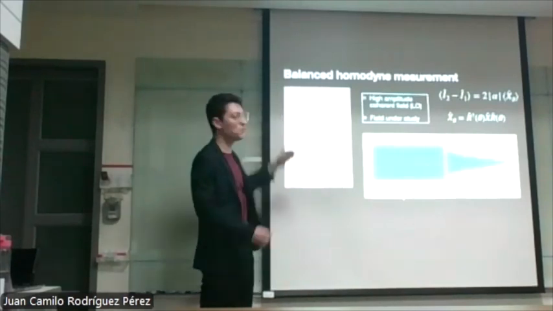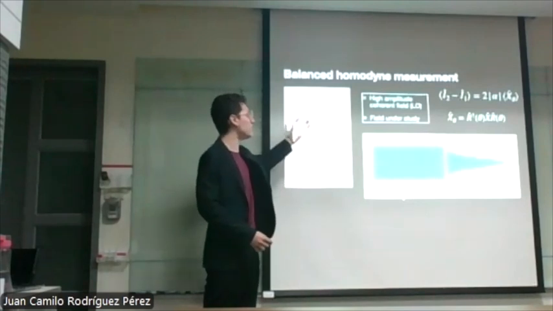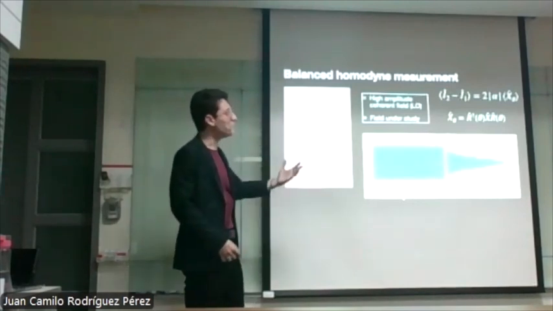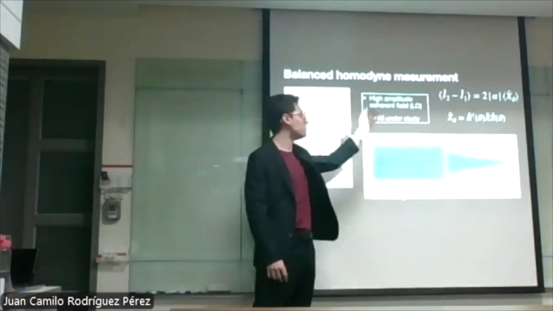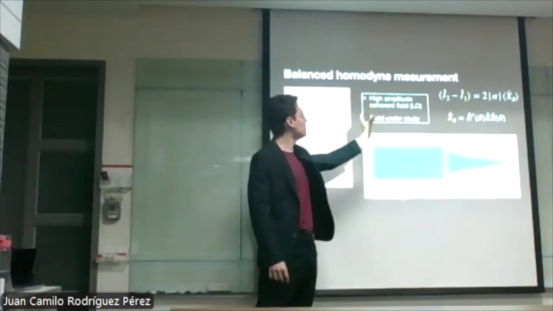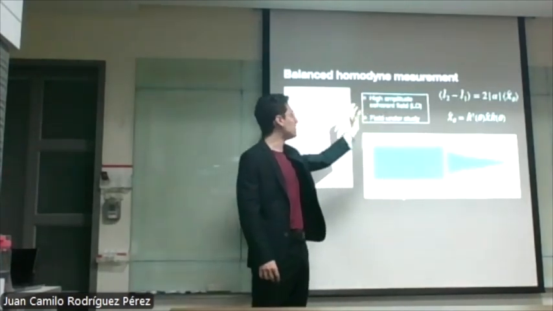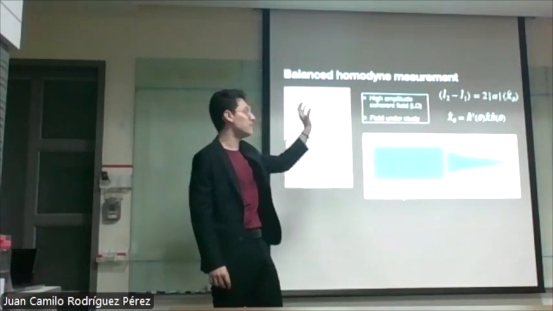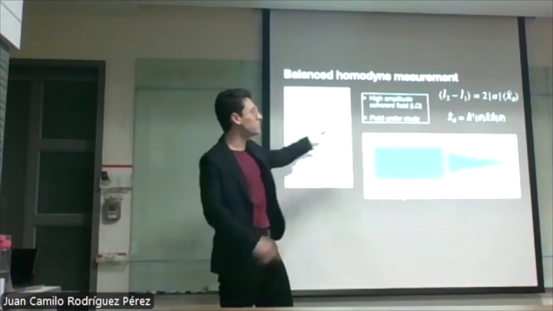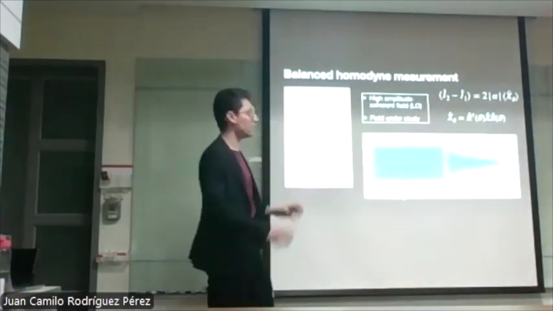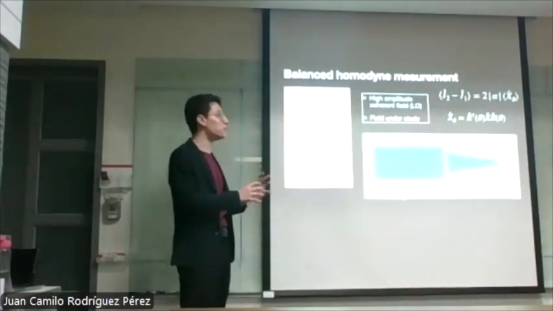This counts the number of photons at each detector, and we take the difference. We can prove that this difference is proportional to the amplitude of the coherent field times the expectation value of the position operator.